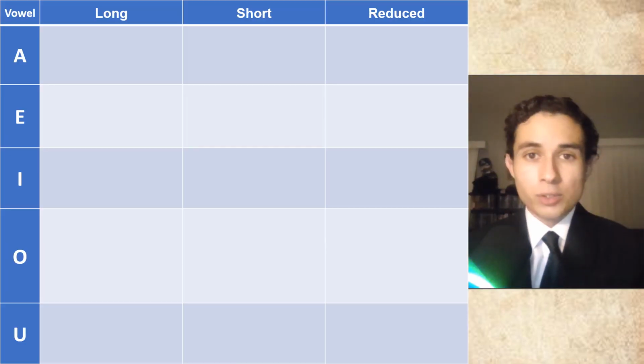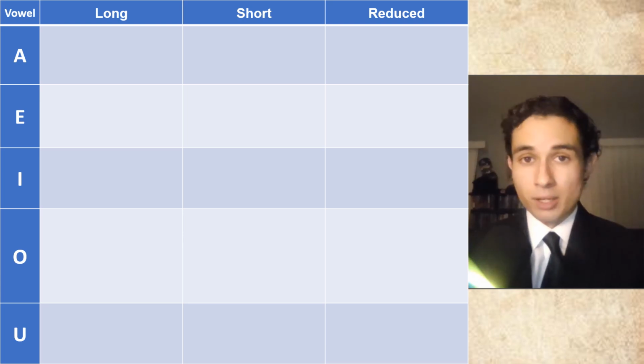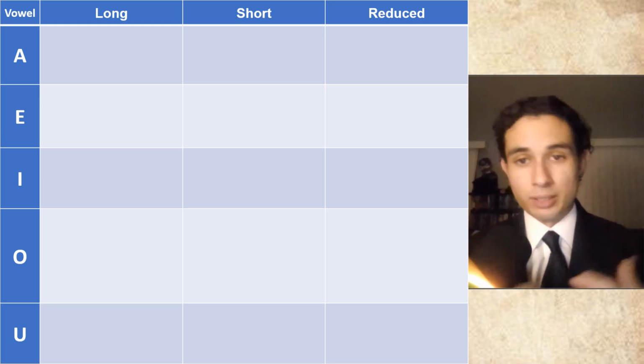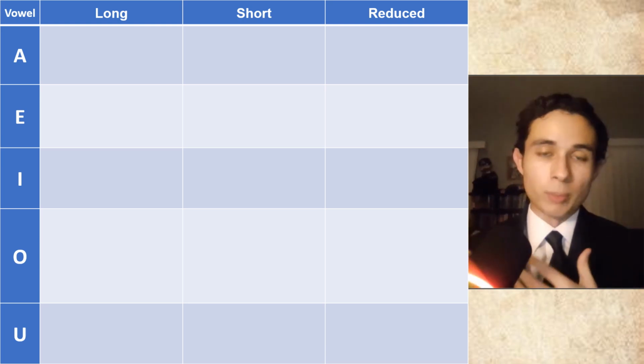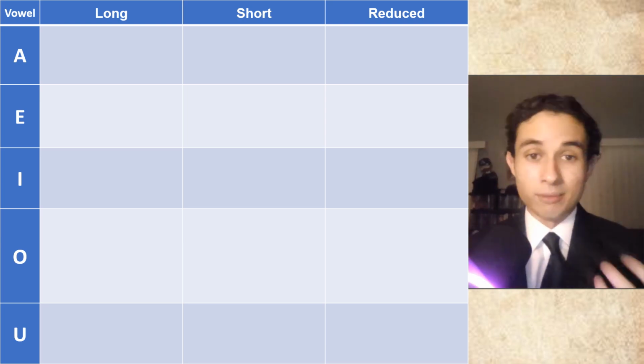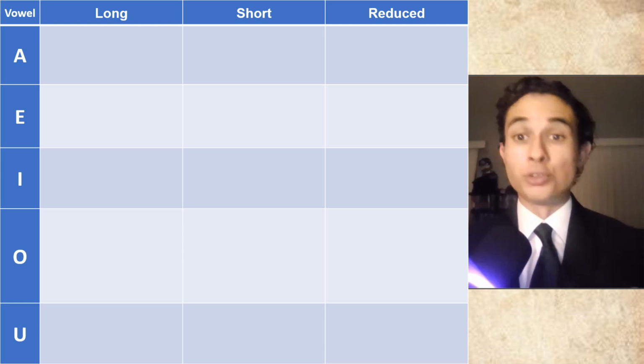Different sources use different charts, but for this lesson, we'll be using my own take on the vowel chart. On your papers or your notes, I want you to create a table like this, where each row represents a vowel sound, and we'll be using an English letter to transliterate that vowel sound, and each column represents that sound's duration.